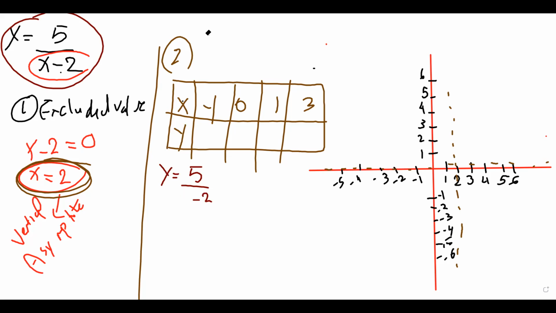So it comes as negative 1 minus 2, so it will be 5 over negative 3, or negative 5 over 3. So at point negative 1, we have it as negative 5 over 3. Now let's find at x equals 0. You have to do the same steps now, but when x is 0.